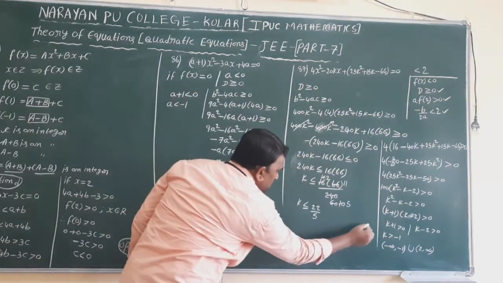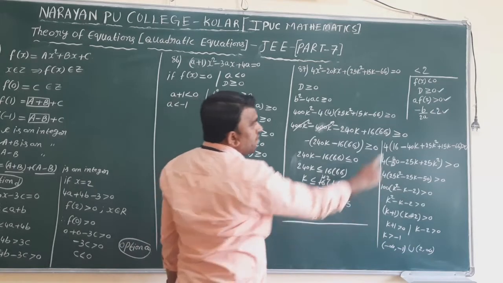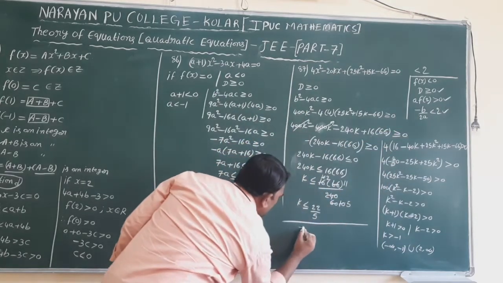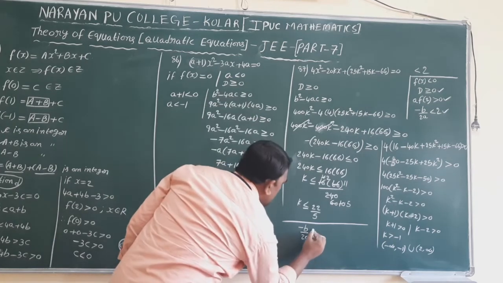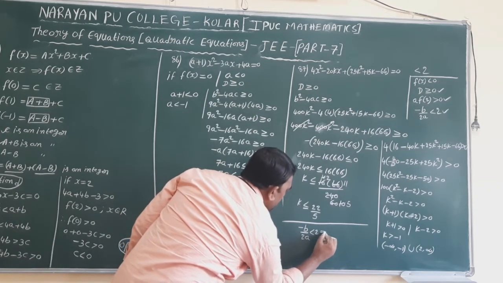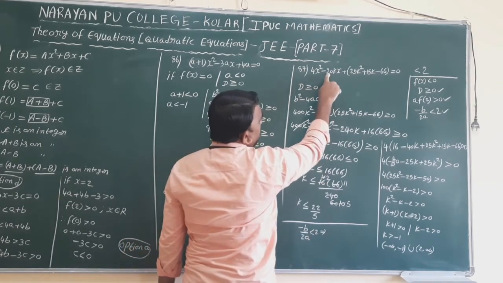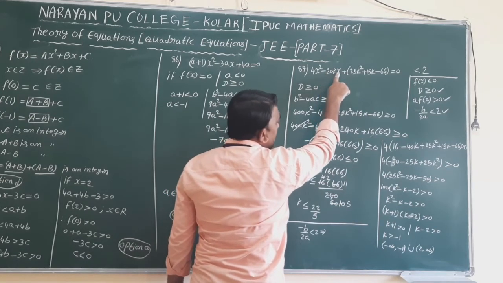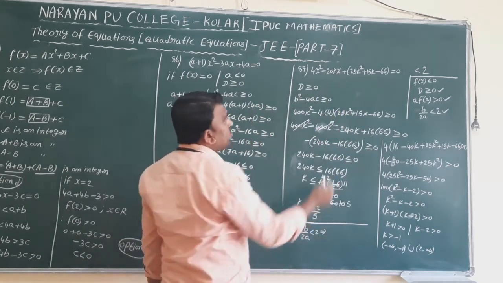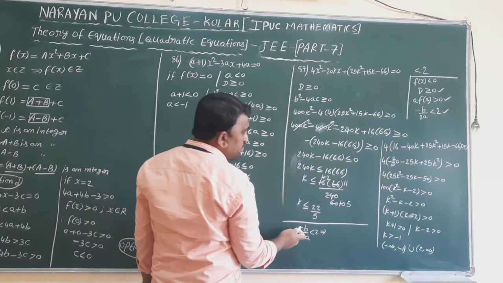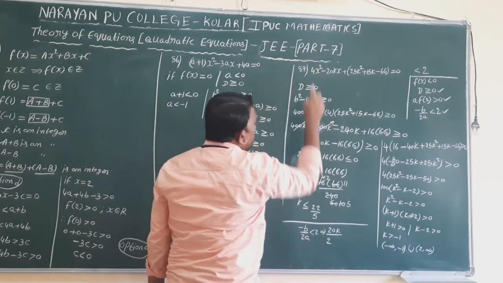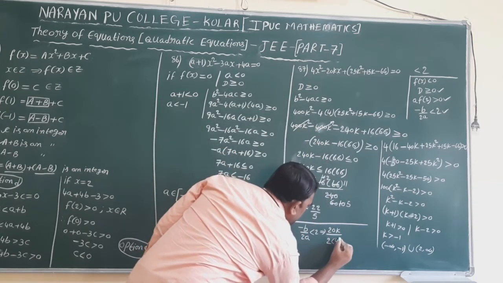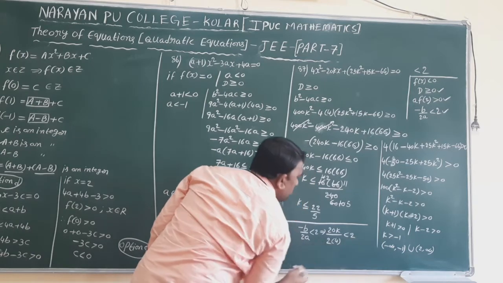For that, simple thing, last condition: −b/2a is less than 2 we got. That we can verify. b is −20k. So −b, that is 20k, by 2 into a value 4 is less than 2.